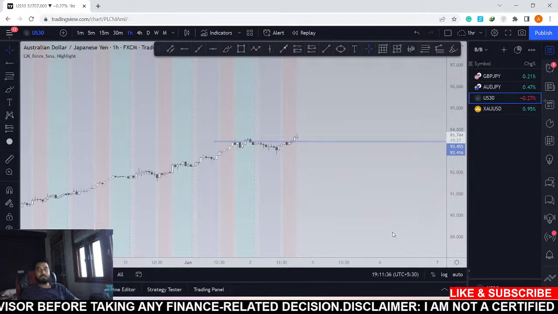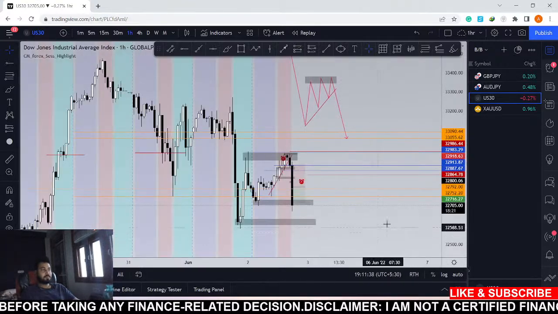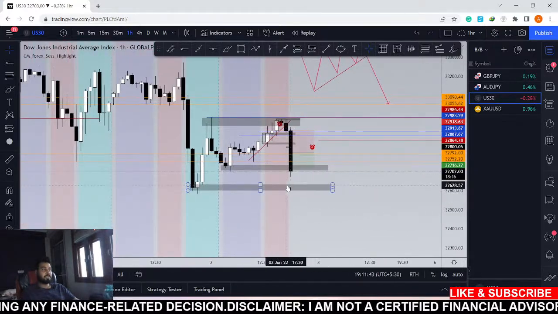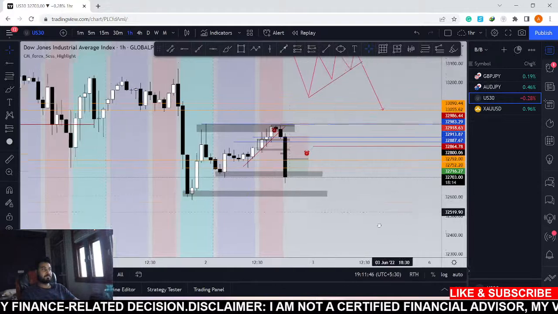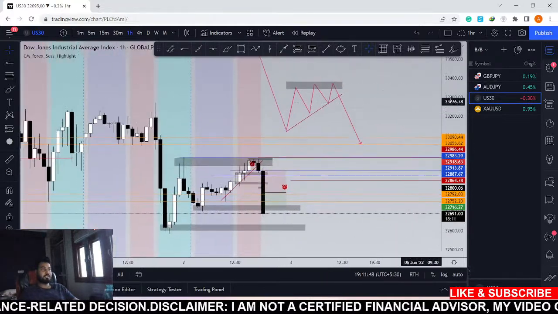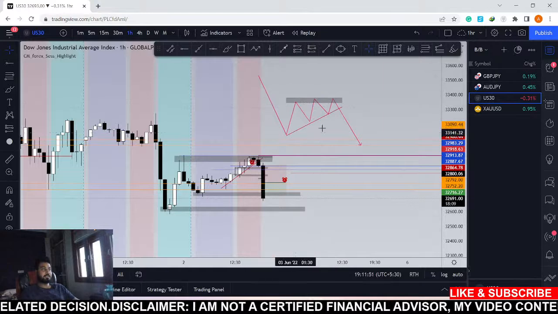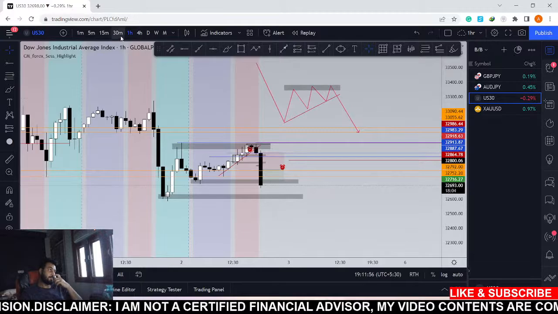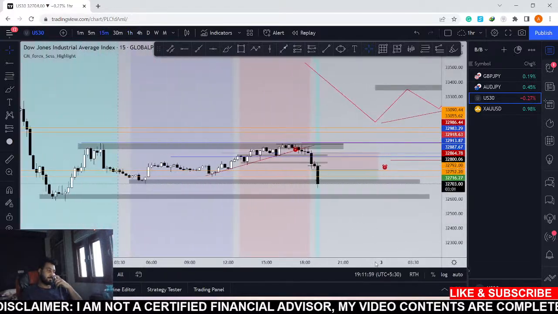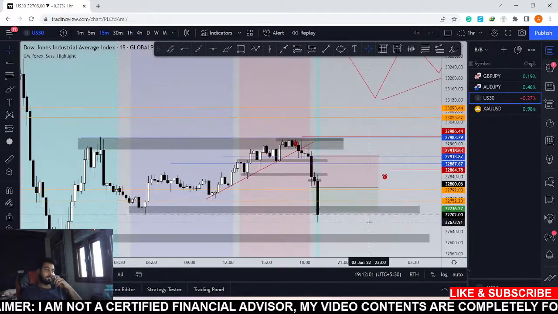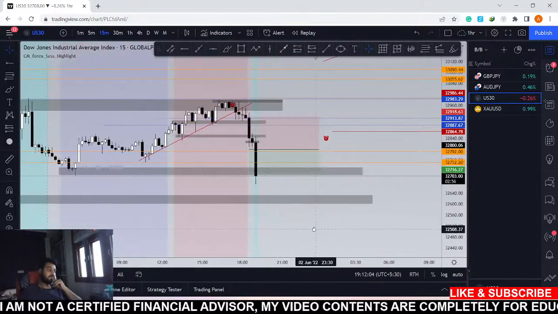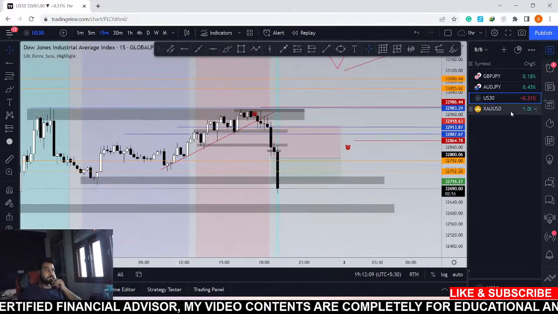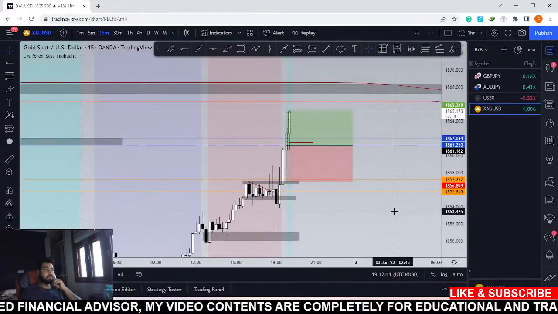US 30 has fallen a lot. You can see it will easily achieve this level. You can see it is replicating this pattern. Gold has also given a nice move.